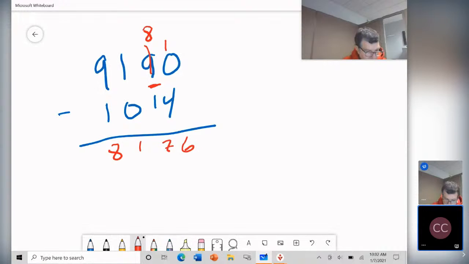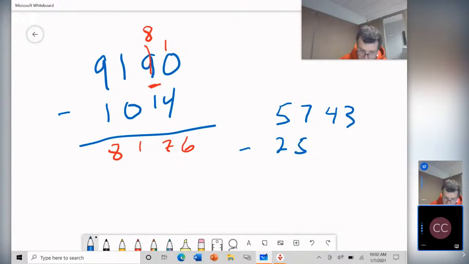Okay. Let's do another one we're going to have to borrow. Over here we'll have 5, 7, 4, 3, minus 2, 5, 5, 4. Okay, so we look at that first one. We know we're going to have to borrow because the 3 is smaller than the 4. So we're going to borrow, once again, 10 ones.